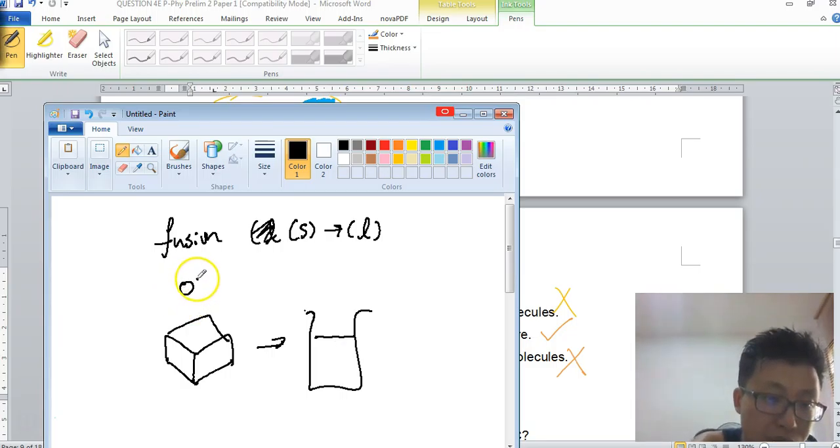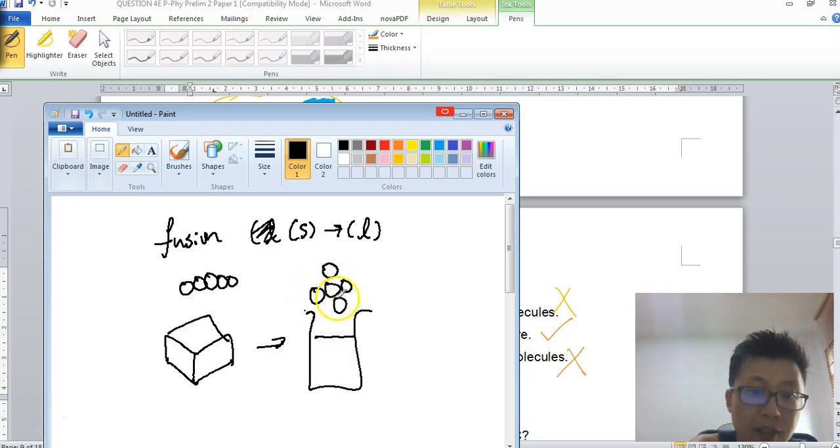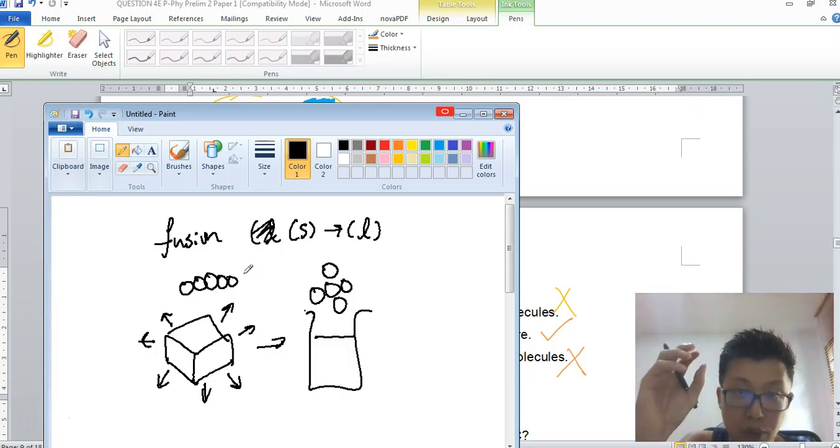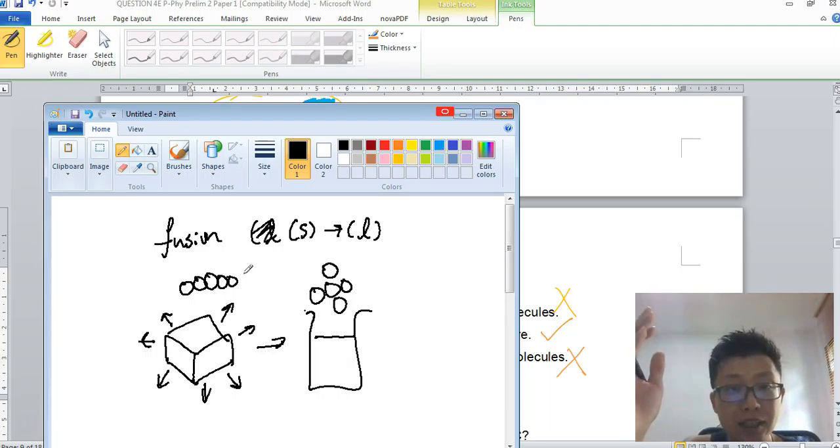Why is it that I say that it needs to expand? Because in solid form, the particles are in a close-packed structure. In liquid, there is a less close-packed structure. Correct or not? Meaning that in order to expand, it must push away the air particles that are pressing onto it. And because of that, part of the energy will go into doing work to push away the atmospheric pressure.